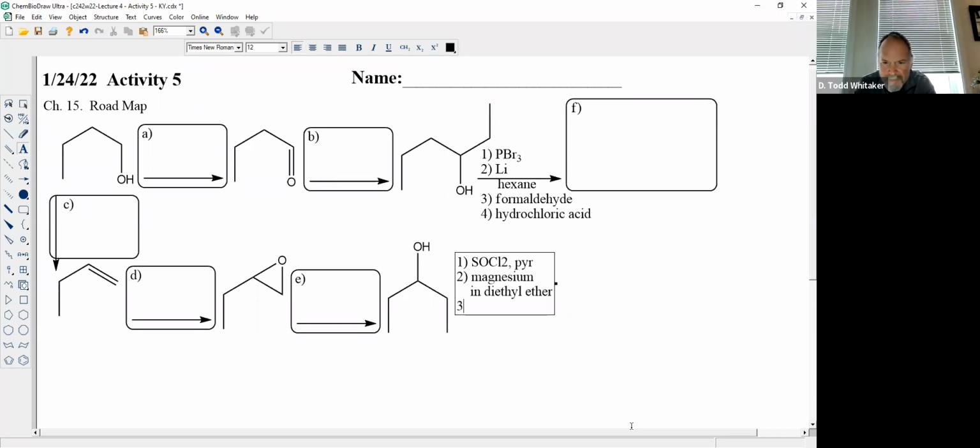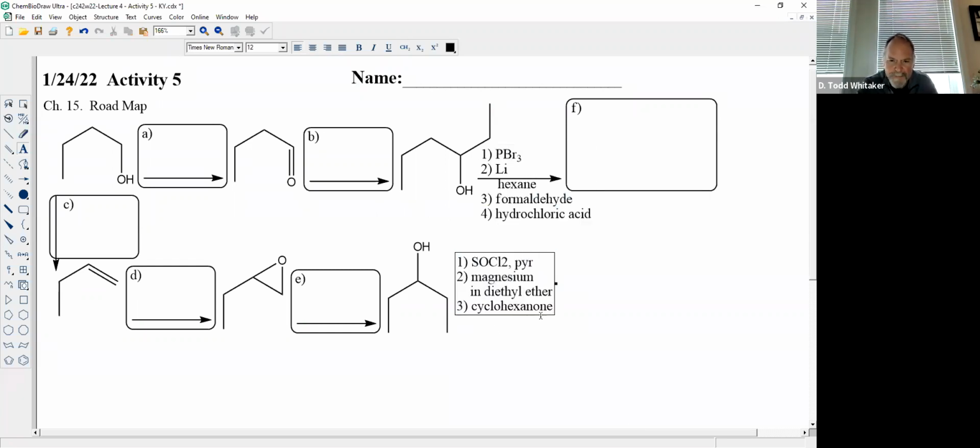Three, react with formaldehyde. Or react with cyclohexanone. Four, copy.